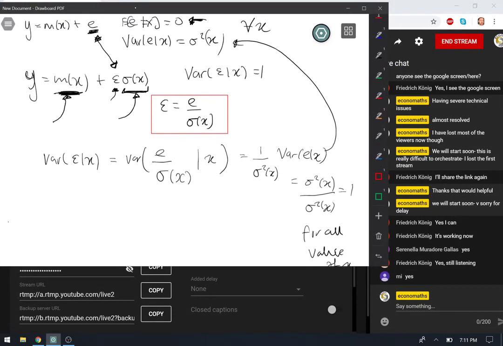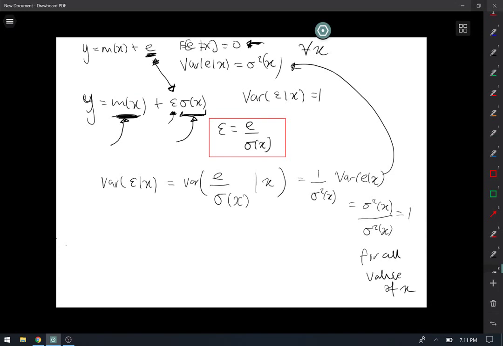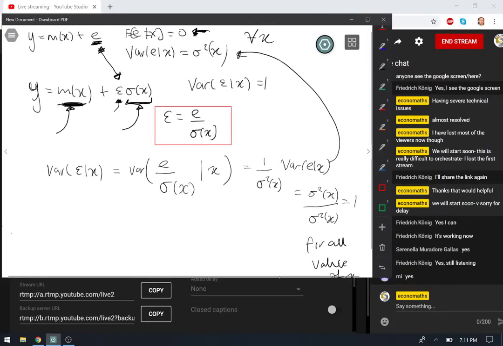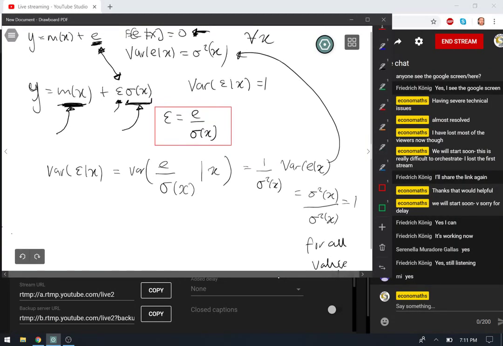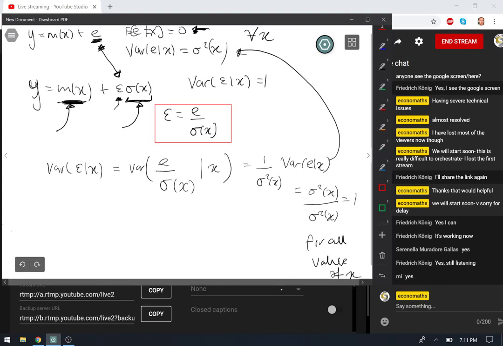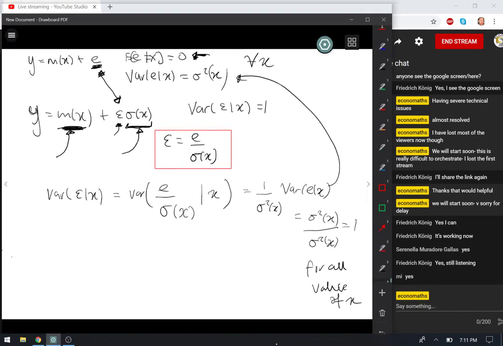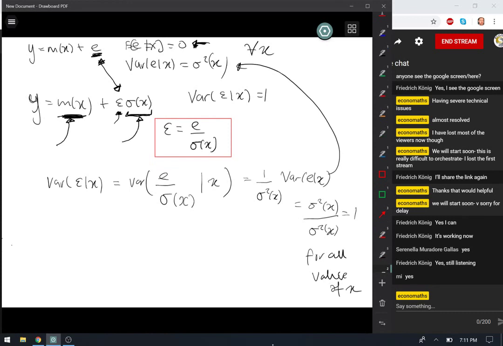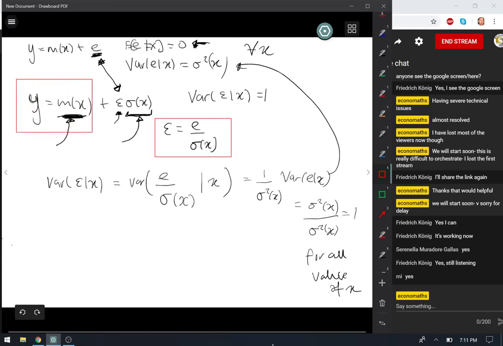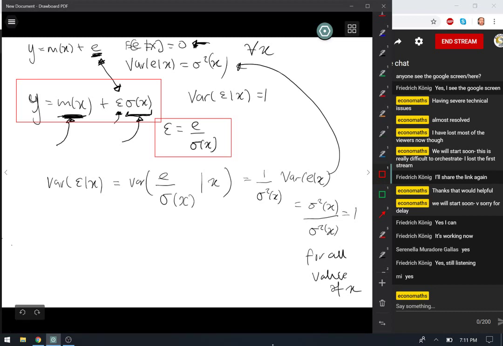We assume that m is linear in parameters, or just a linear function of x. So for example, the simple model, taking a special case, this holds generally, no matter what m and sigma are.